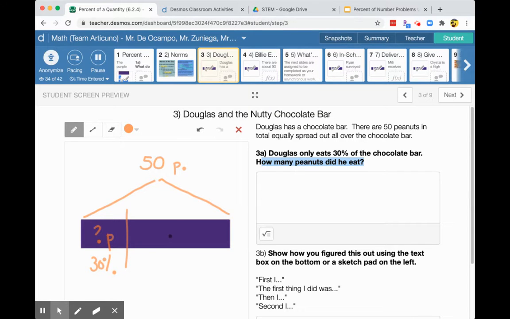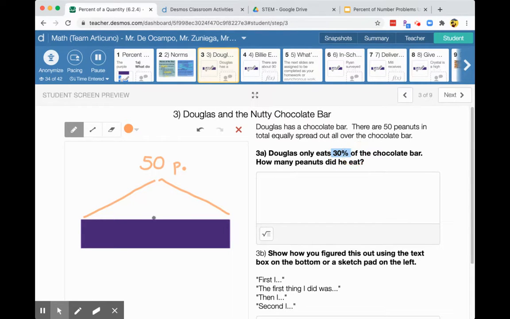Now, keep this visual in mind, but I'm going to erase it because we need to figure out how many peanuts there are, and I'm going to do something a little more accurate. I want to show what 30% is.